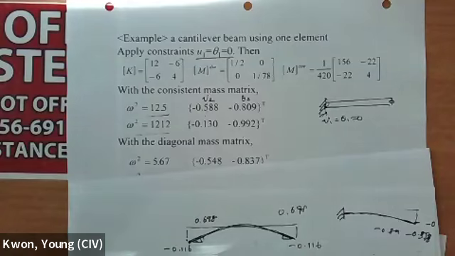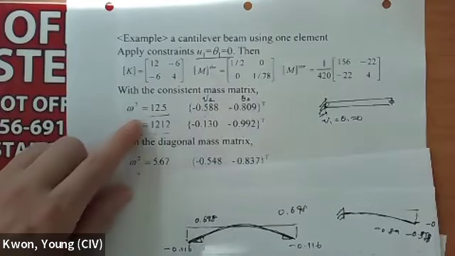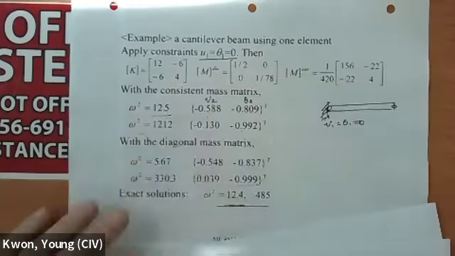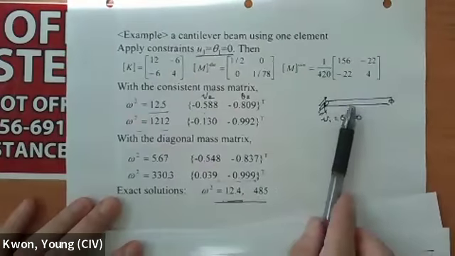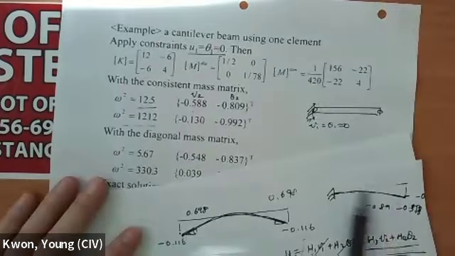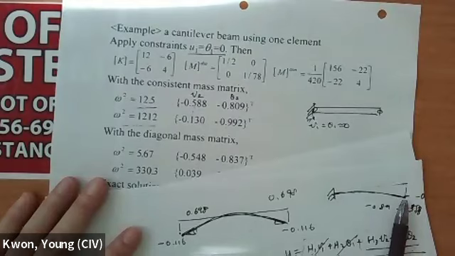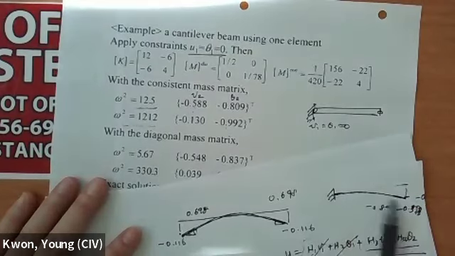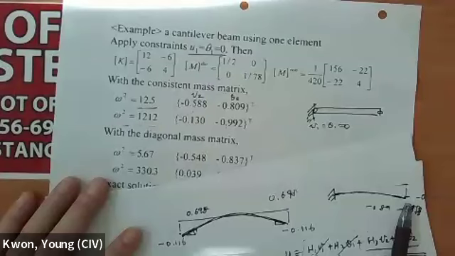Now this is a dynamic problem, not a static problem. Then how come you have a solution very close to the exact one? Again, the reason is that for this cantilever structure, the first mode shape is very close to the static deflection shape of the tip load.